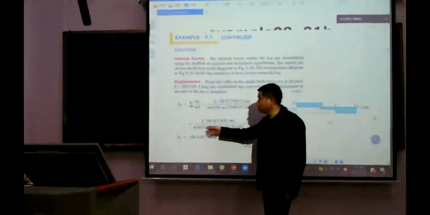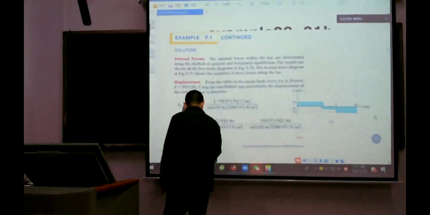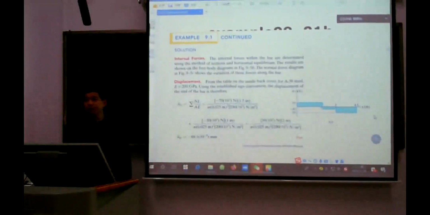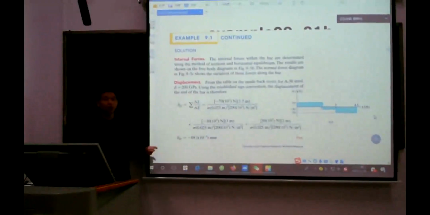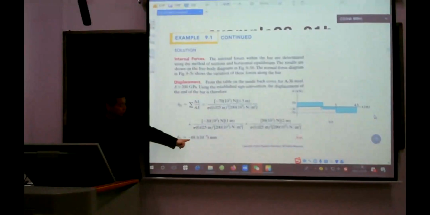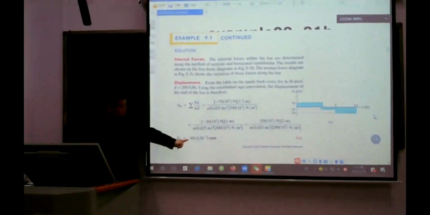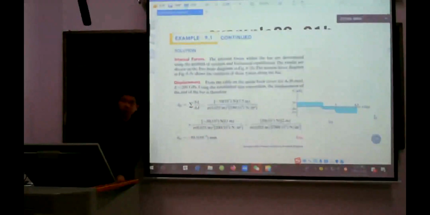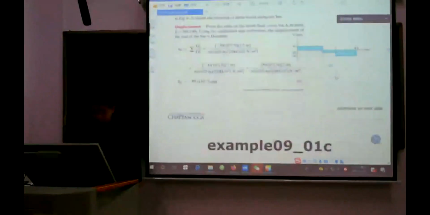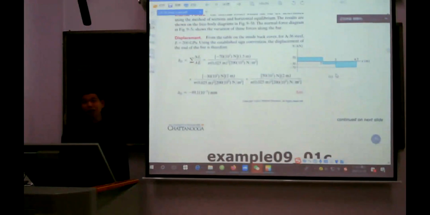Make a summation of the three parts. We can get the whole deformation of the rod. It means the whole rod is shortened. The shortening is minus 89.1. Understand?